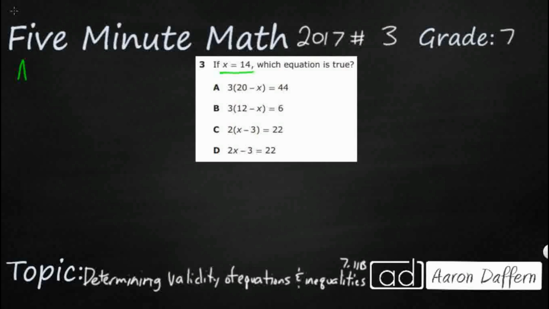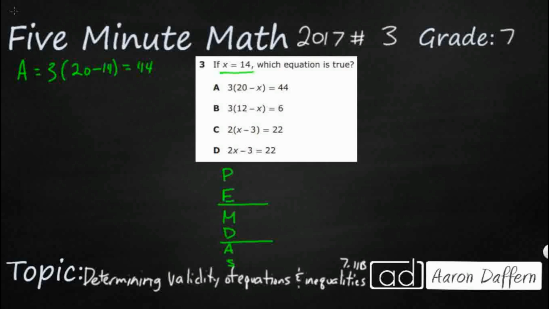So A is going to be 3 times (20 minus x), and x is just 14. Now we are going to have to use our order of operations. 20 minus 14, I'm going to substitute that x for 14, equals 44. So parentheses, which you see we've got many of them here, exponent, multiplication, division, addition, subtraction.